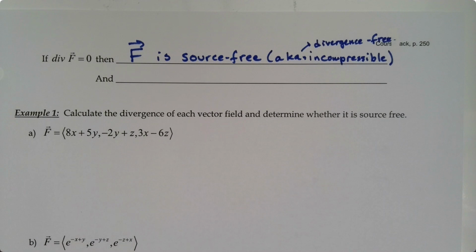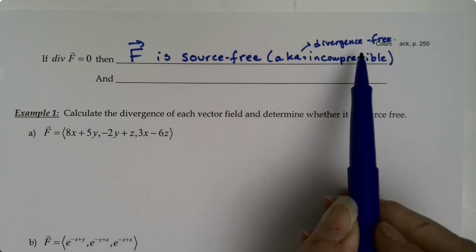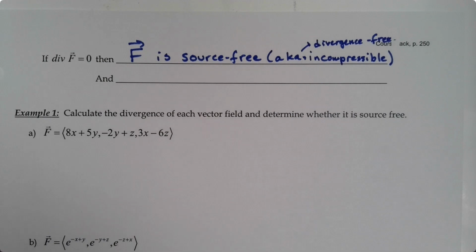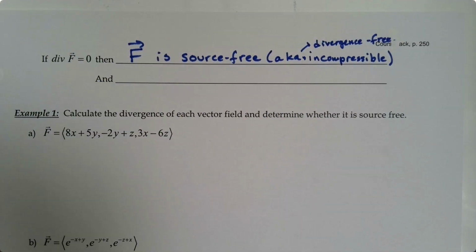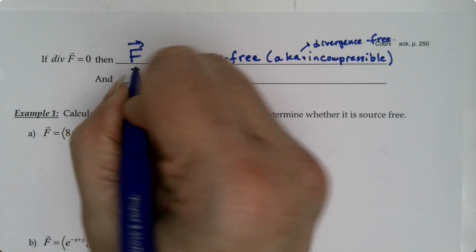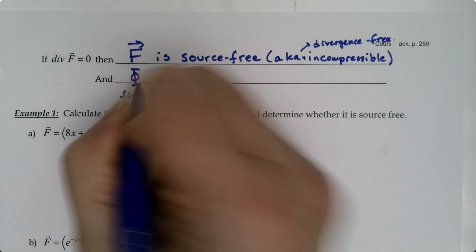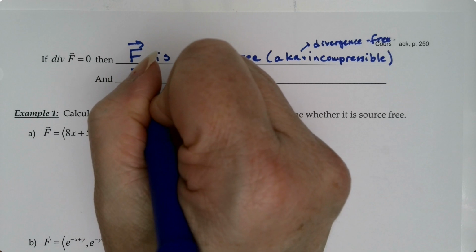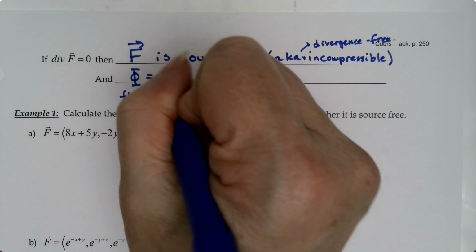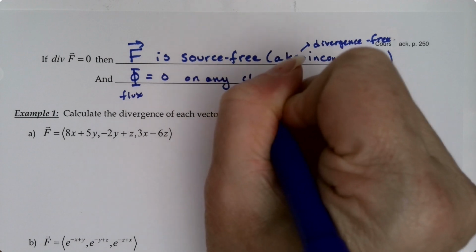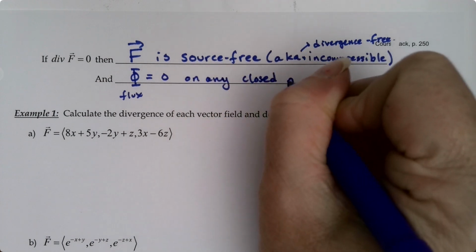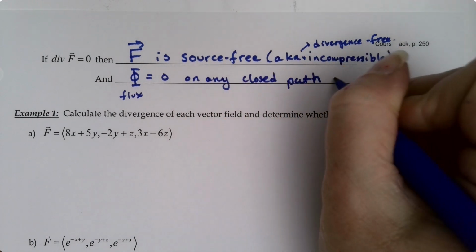And I think the divergence free portion now speaks for itself. So if it's divergence free, aka source free, that means that the flux, which we know capital phi is, is 0 on any closed path or curve, C.